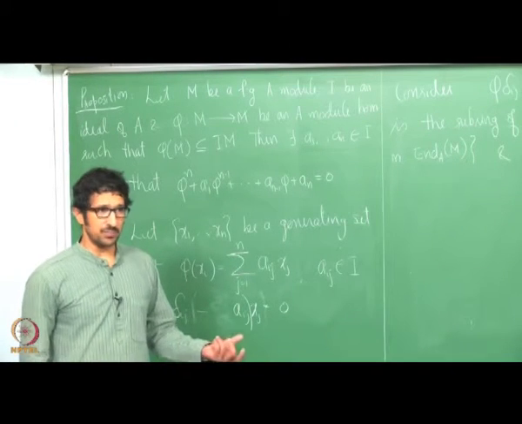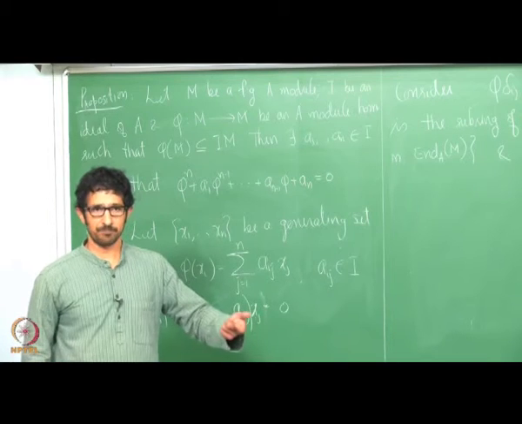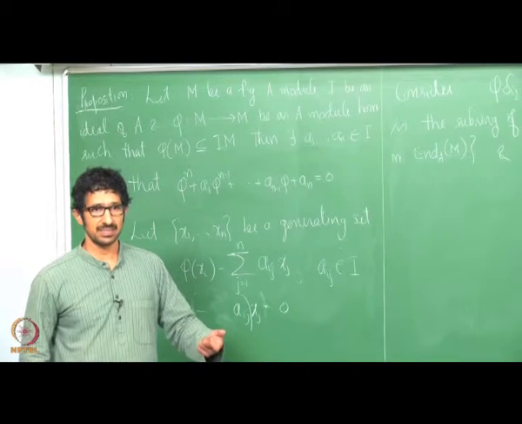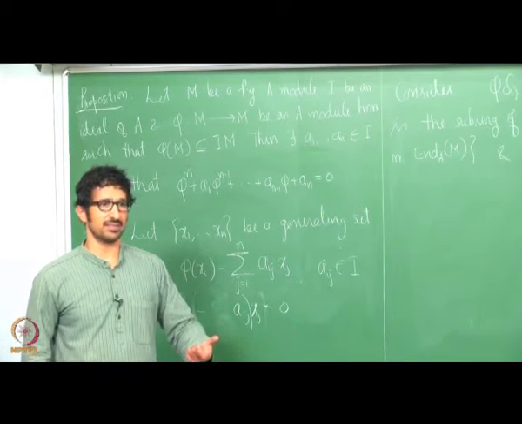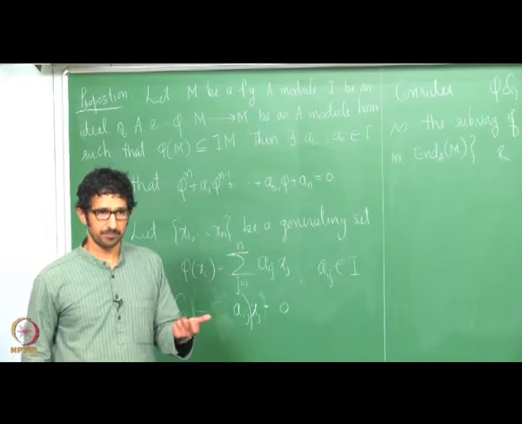That is, I consider the smallest subring containing all these constant multiplication maps and the homomorphism phi.